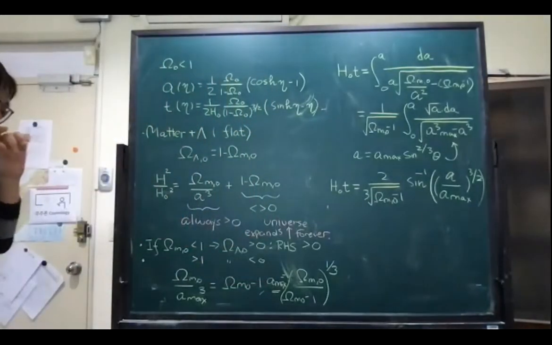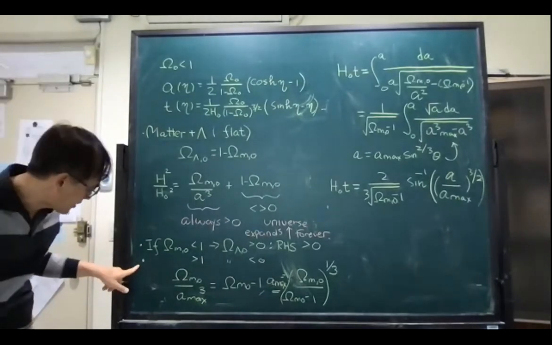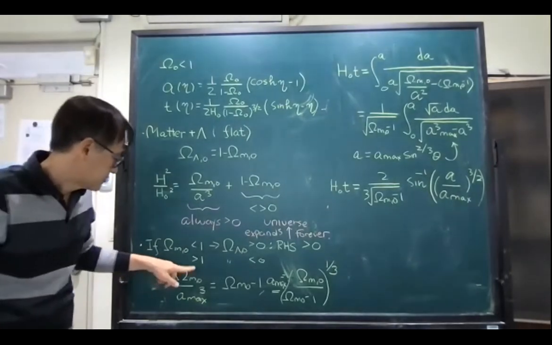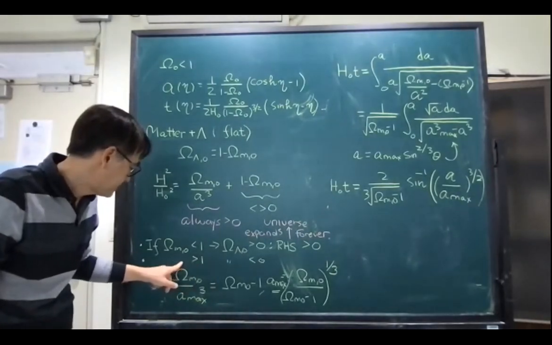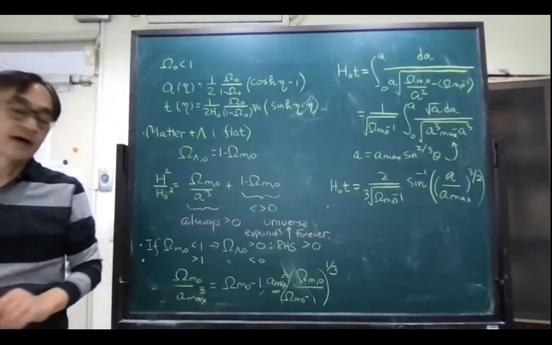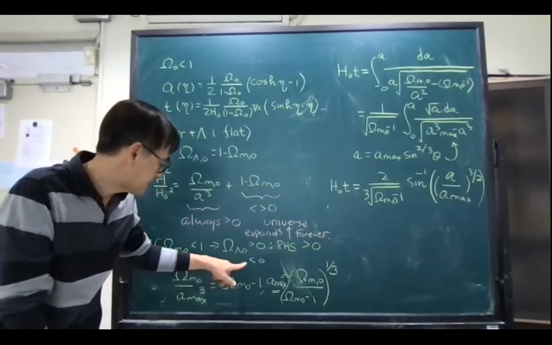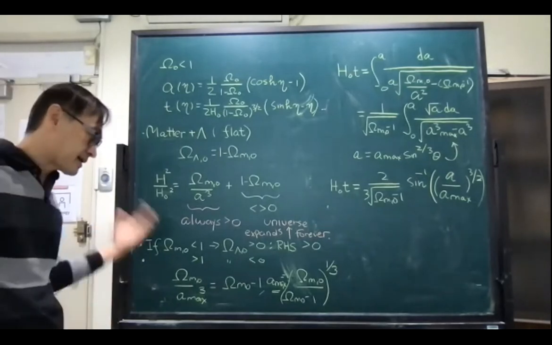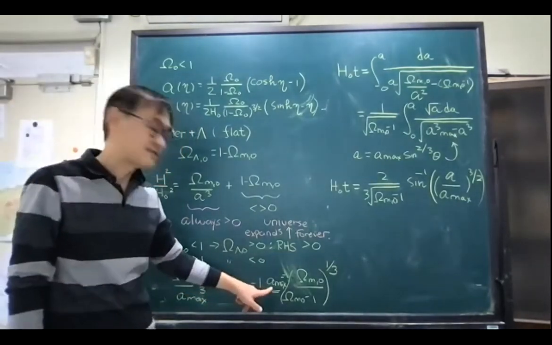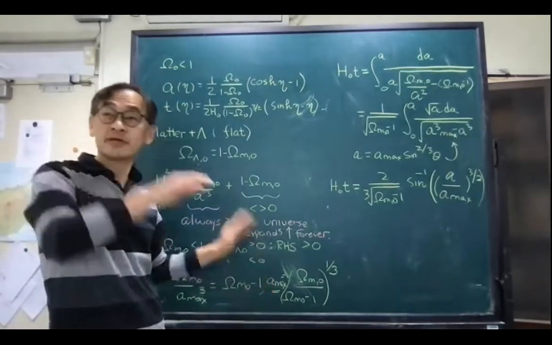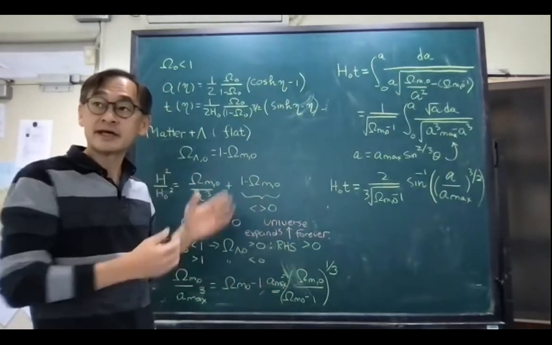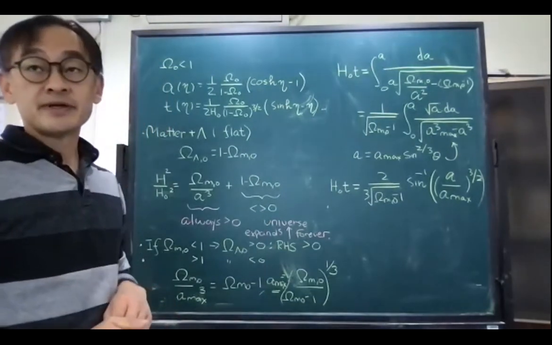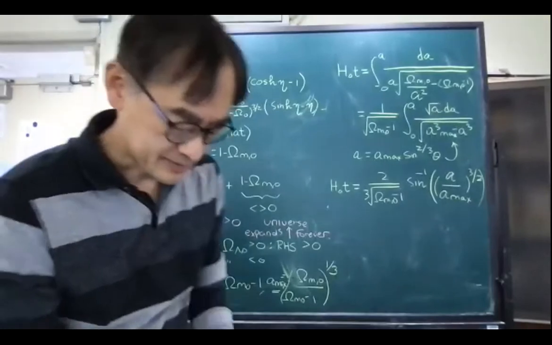So let me summarize. We were only talking about this second case where either omega m0 is greater than 1 or omega lambda 0 is less than 0. In that case, there is a maximum value of a. That means the universe will shrink again, just like the previous case of matter plus curvature.